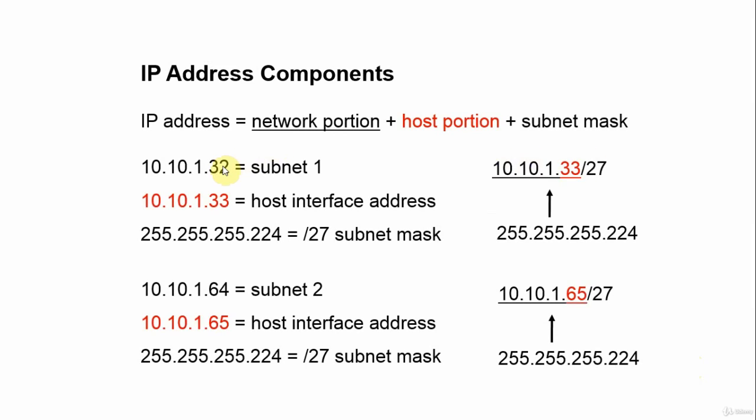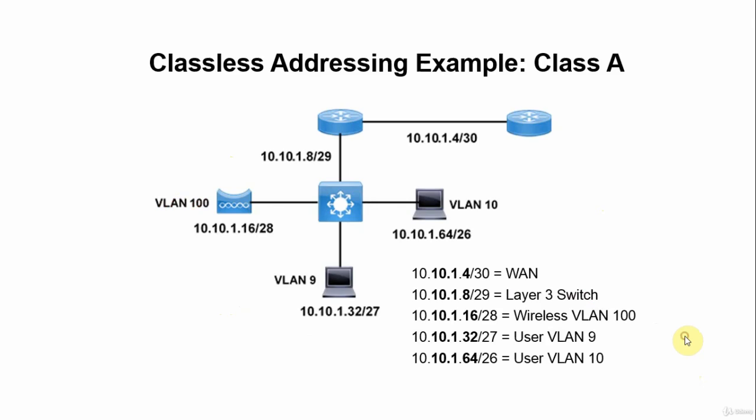And here the subnet is 32, and there's 33, my first host interface. Then 64 would be the next one, and 65. And pretty much shows you here the 33 is the host number, and 10.10.1 was the network address.